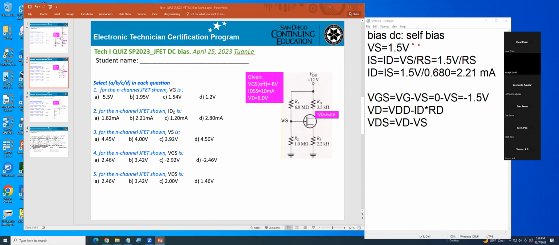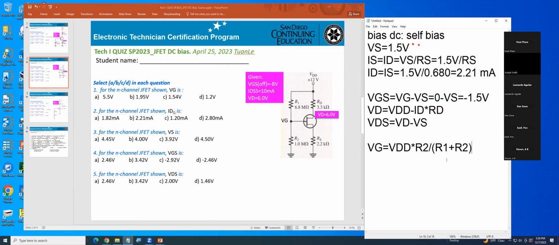VG is just a voltage divider. VG equals VDD times R2 divided by R1 plus R2. You do the calculation. I just give the formula.